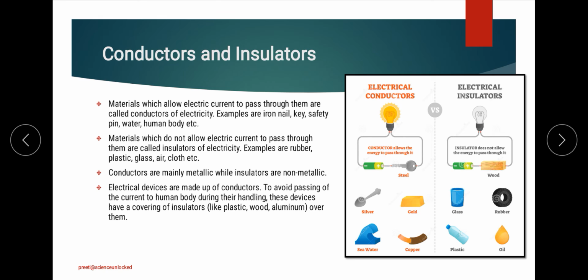So we use insulating materials to ensure our safety. We use insulators to make the handles and coverings of the devices we use in day-to-day life, so that the electric current can flow within the appliance but not towards the body, because the body is also a good conductor of electricity.